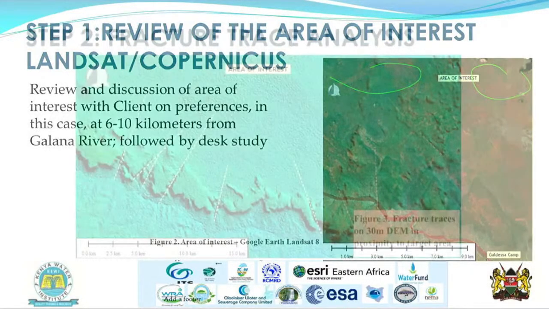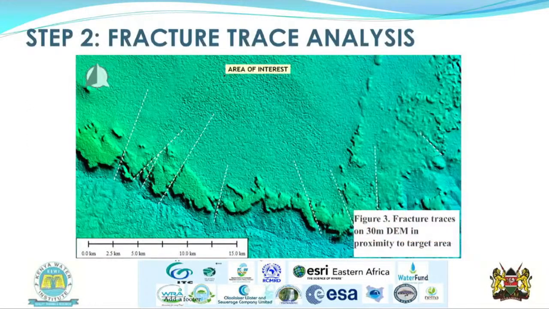So after we do this, what we do is use a DEM, 30 meters is good enough. It gives us a good view of the area that we're dealing with in terms of landforms and earth processes.